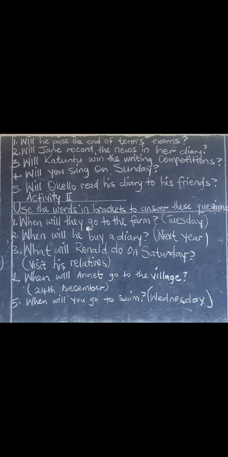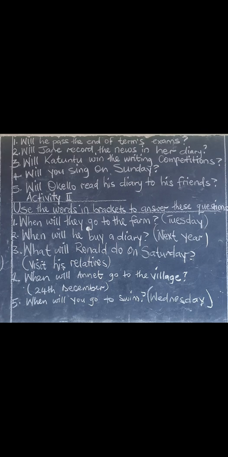Then activity number 2, use the words in brackets to answer these questions. We are using the words that have been given in the brackets to answer the questions. Number 1 says, when will they go to the farm?